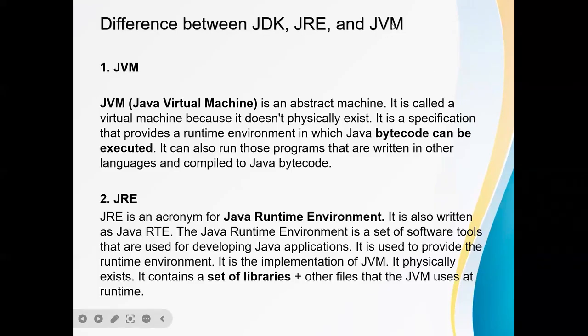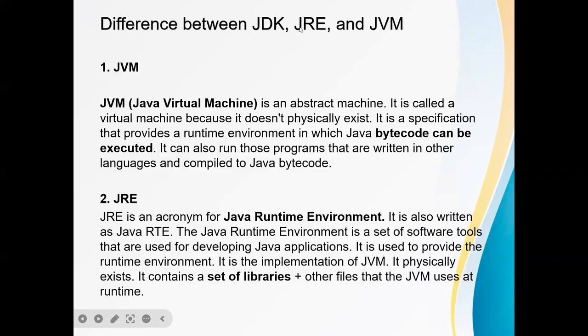The next thing is the JVM. As I told you, the Java Virtual Machine helps you convert your bytecode to binary code, so it actually executes your program on the system. JDK and JRE both physically exist.